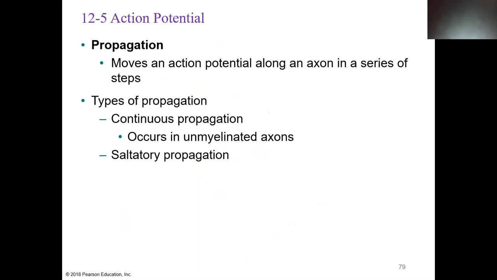Propagation is how we are going to move that action potential along the axon. That's the actual terminology for it, propagation. Make sure that you know the two different types. Type number 1, continuous. This is in unmyelinated axons.